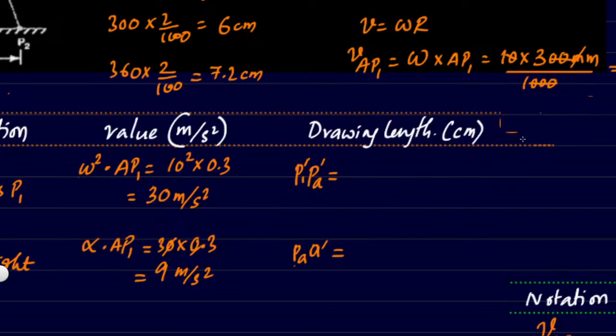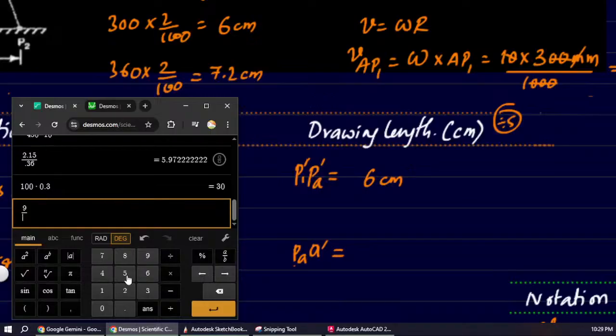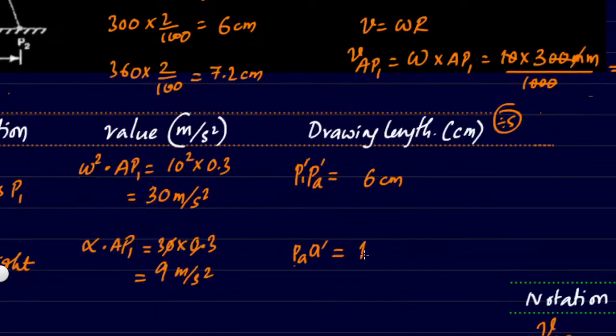The maximum is 30, and the maximum length that we can easily draw is 6 centimeters. So let us take this as 6 centimeters. To convert 30 into 6, we have divided by 5, so divided by 5 should be the scale. 30 by 5, we get 6. 9 by 5, we get 1.8. So 1.8 centimeters.